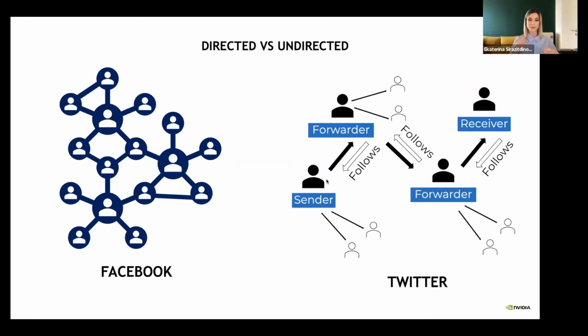So following on Twitter is directed. The same principle is on LinkedIn. You can follow people. This is directed, but LinkedIn is also interesting in the sense that it also offers you undirected connections. Like you can connect with people and then it won't have any direction.